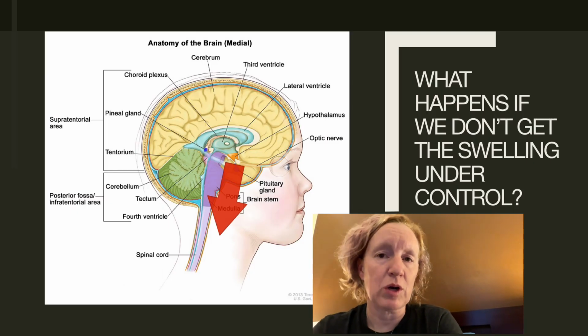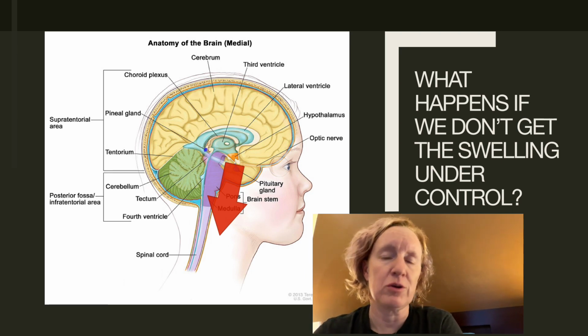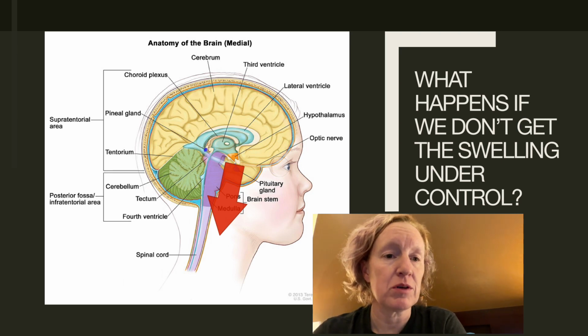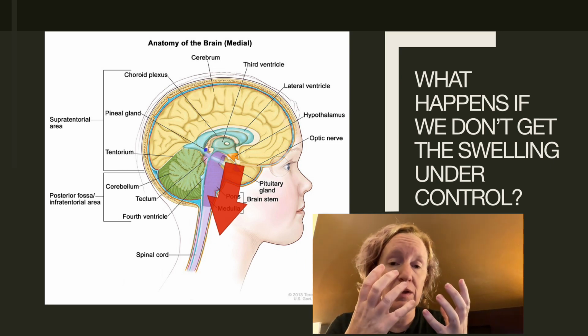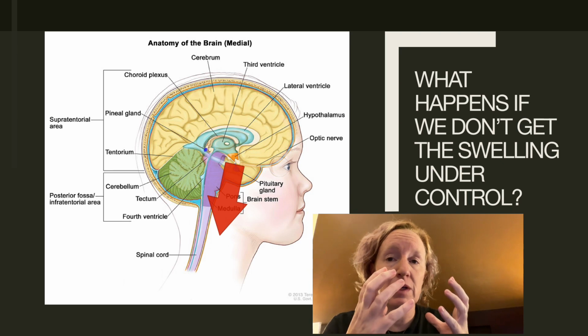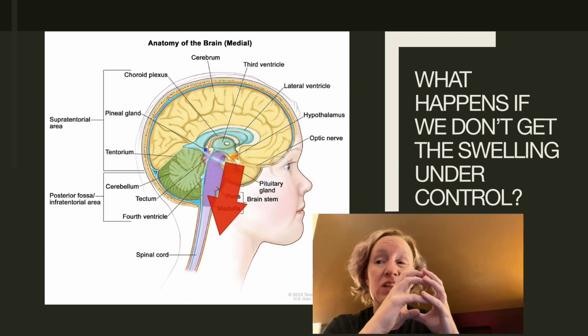The least fun part of my job is what happens if we don't get the swelling under control. So we have to think about the physiology, the anatomy of the body, right? You've got a skull that's encapsulated, and then you have tissue inside that's swelling.